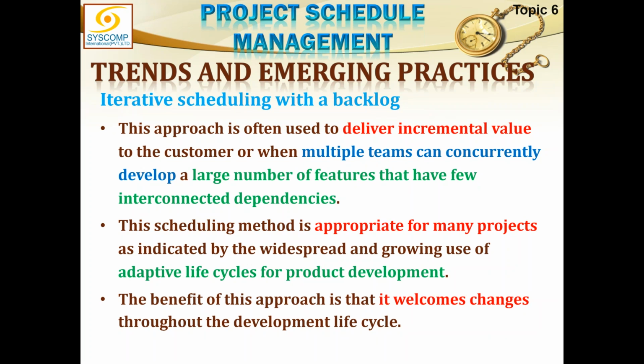How do we do that? Maybe one team is working on one time box, and simultaneously 10 different time boxes are being worked on. If there are no connectivities in these tasks and they could be developed separately, then we can have many things going on simultaneously, which will later be connected.